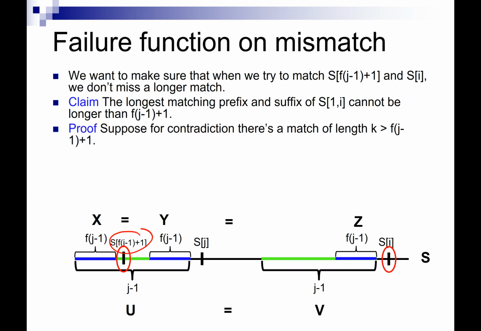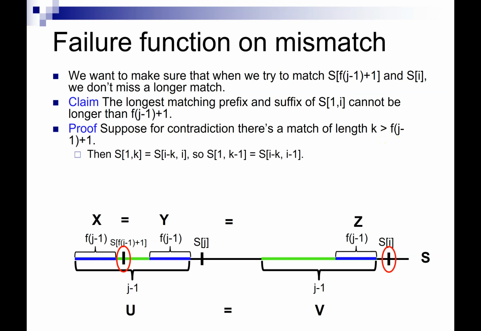And the reason is, suppose for contradiction there is a longer matching prefix and suffix of s of 1 to i, and suppose that it has length k, which is larger than f of j minus 1 plus 1.